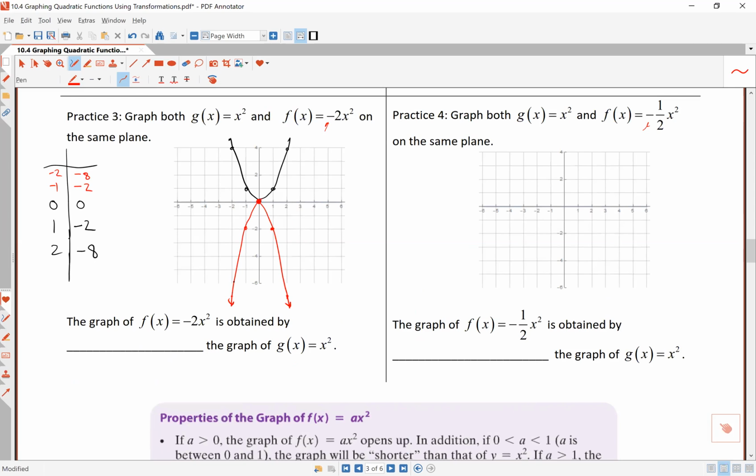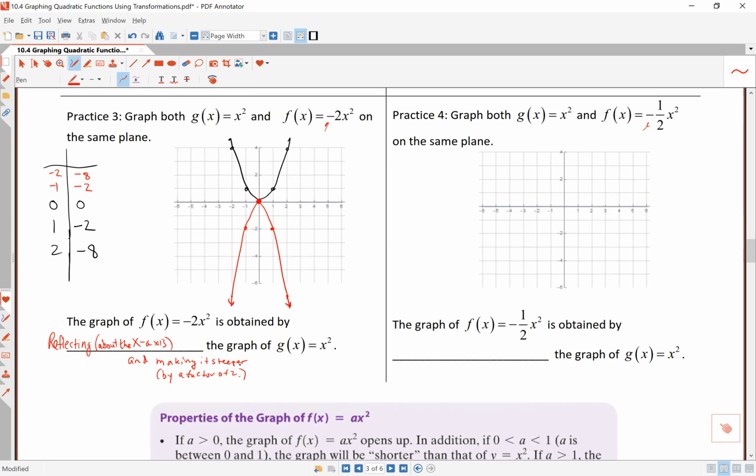So now we're getting into what are called reflections, reflecting it about the x-axis, flipping it over, we like to say. So we say the graph of negative 2x squared is obtained by reflecting about the x-axis and making it steeper by a factor of 2.